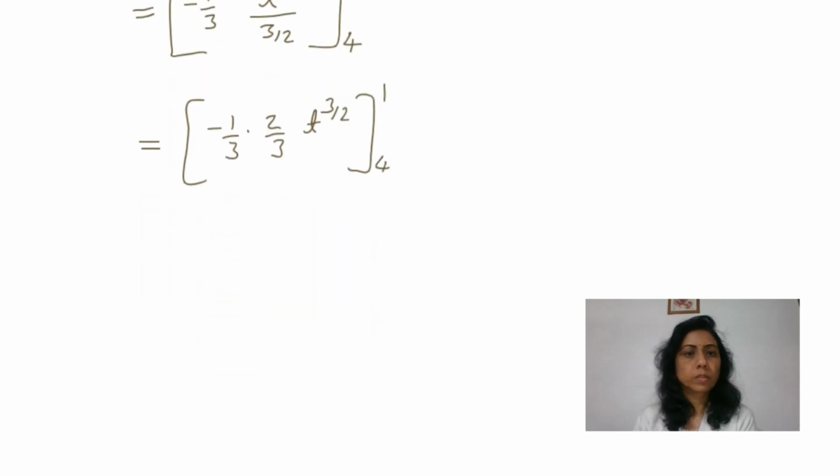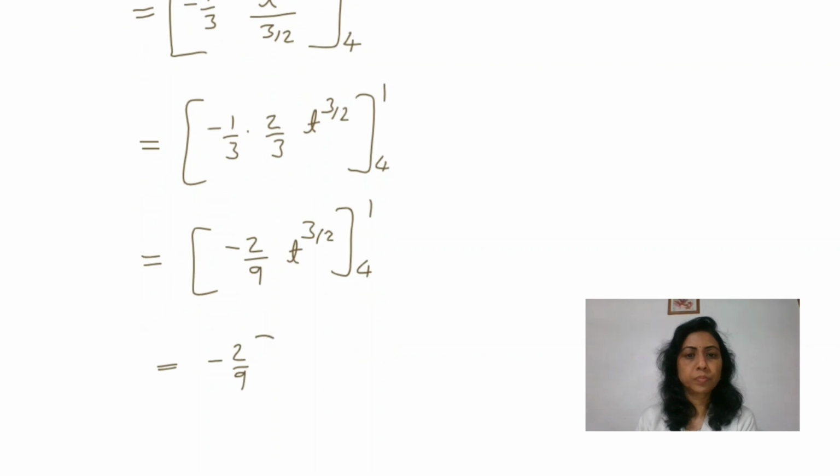When we simplify we get minus 2 upon 9 t to the power 3 upon 2, 4 to 1. Now we put the limits: upper limit 1 to the power 3 upon 2, and lower limit 4 to the power 3 upon 2.